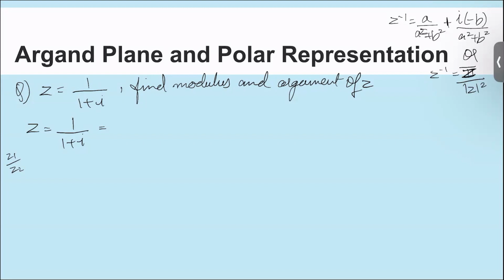So you can directly substitute for this over here. So you have 1 multiplied by the conjugate of 1 plus i, so 1 minus i, and the square of the modulus.